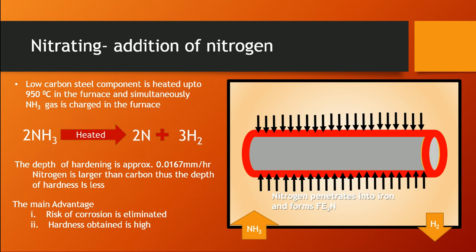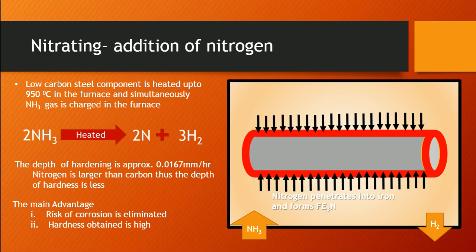But the main drawback is that the depth of hardening is approximately 0.0167 mm per hour. This depth is less as compared to carburizing. Why? Because nitrogen is larger than carbon, so the depth of hardness is going to be less.